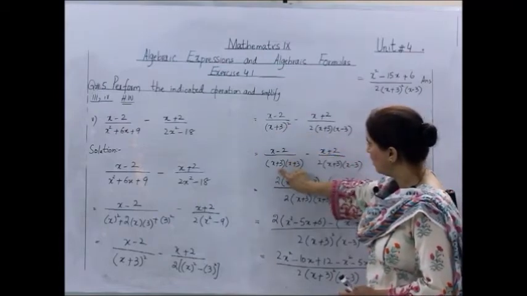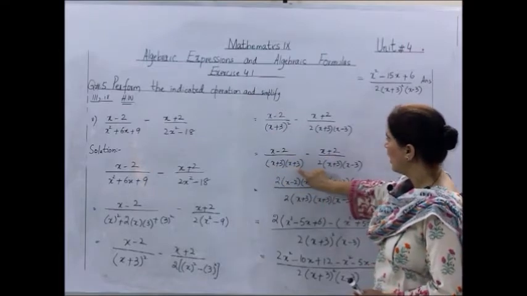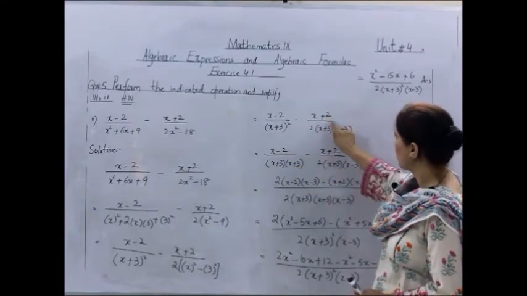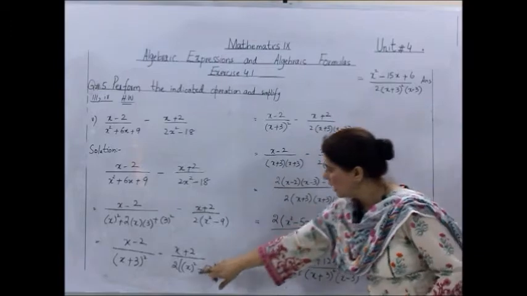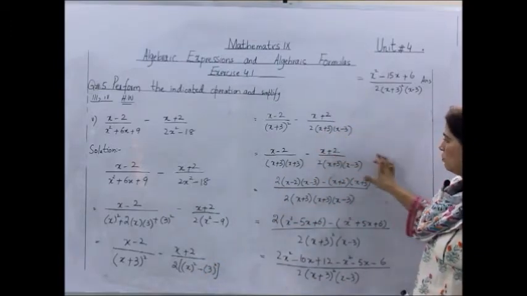So we get x minus 2 over (x plus 3)(x plus 3), minus x plus 2 over 2(x plus 3)(x minus 3).